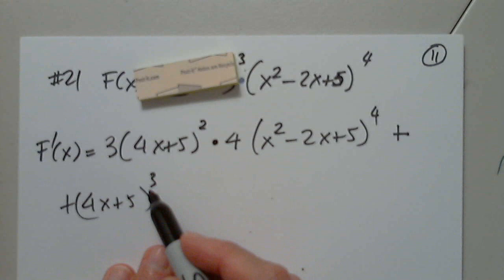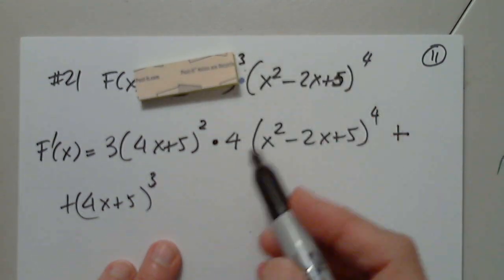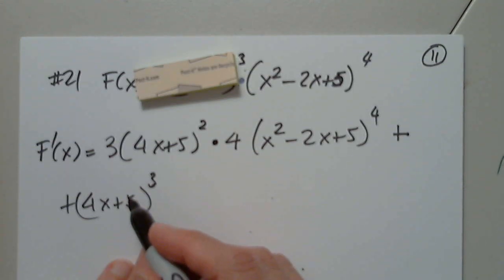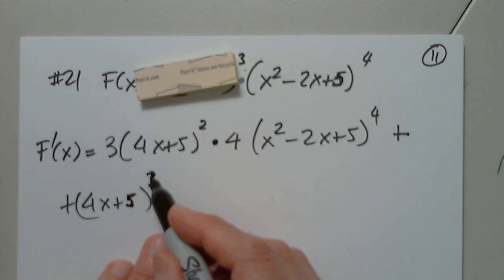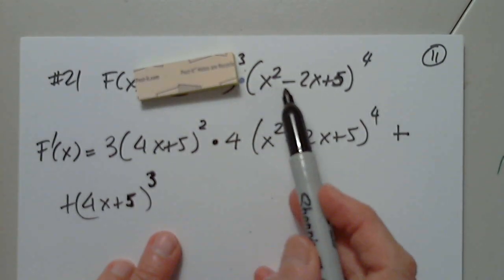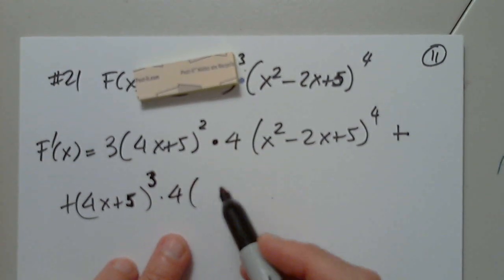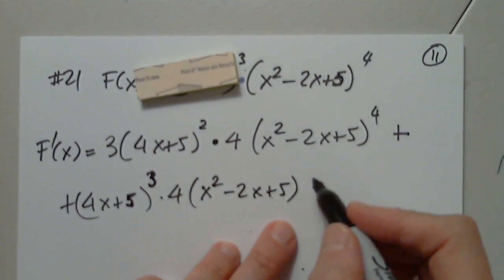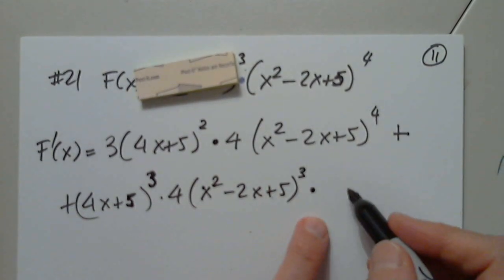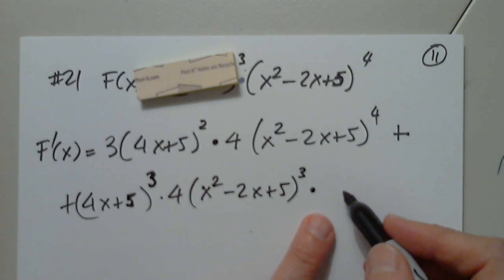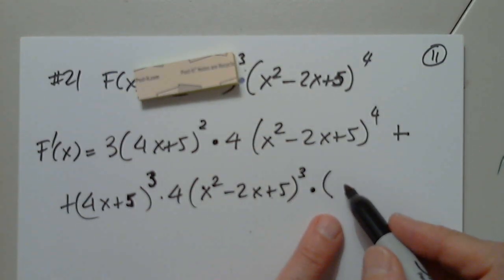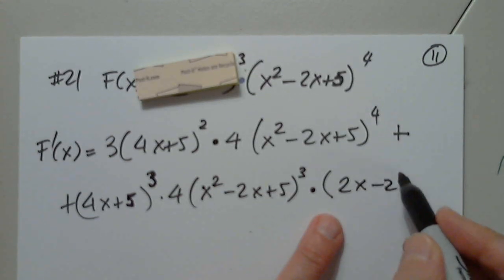Can anyone differentiate the second one for us? 4 times x squared minus 2x plus 5 all cubed, times the inner function prime, 2x minus 2. That's it.